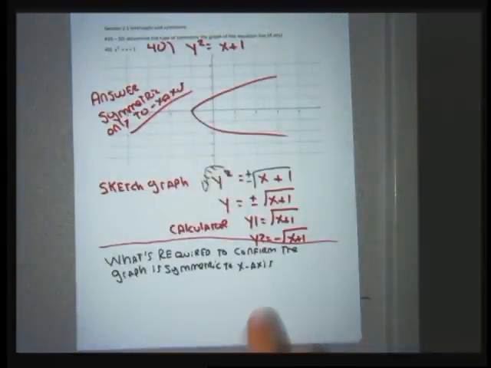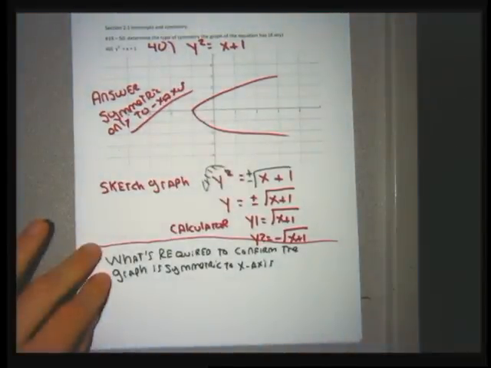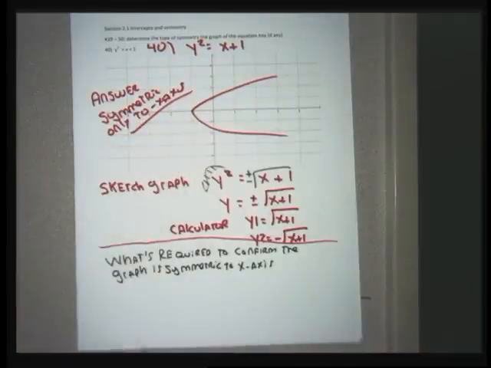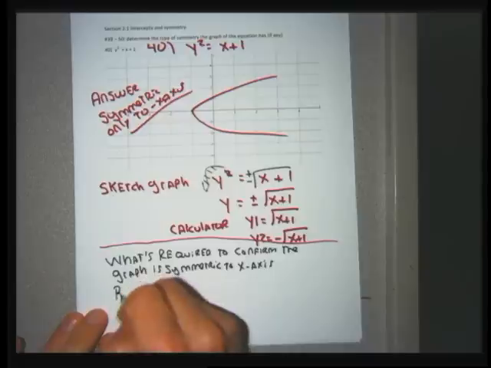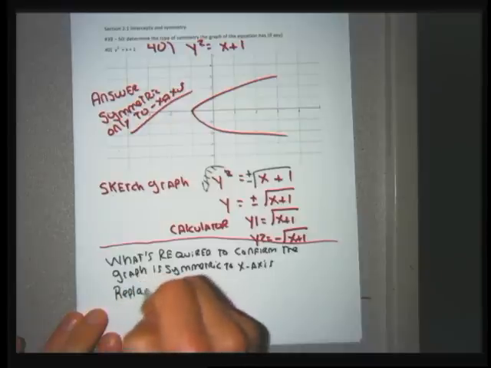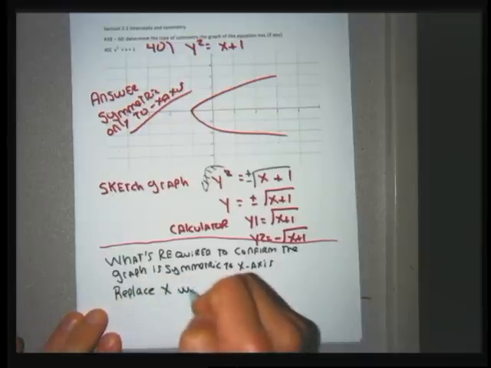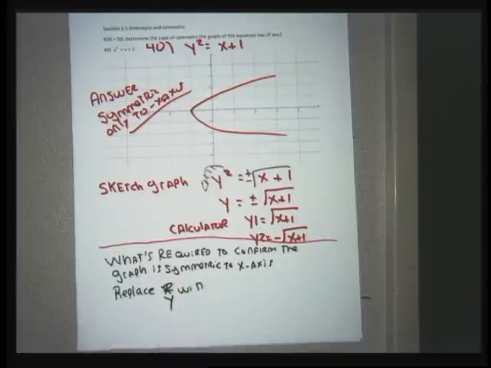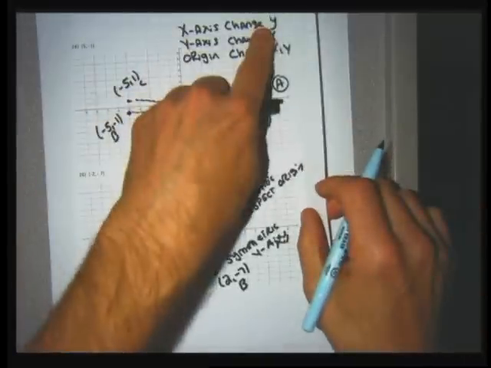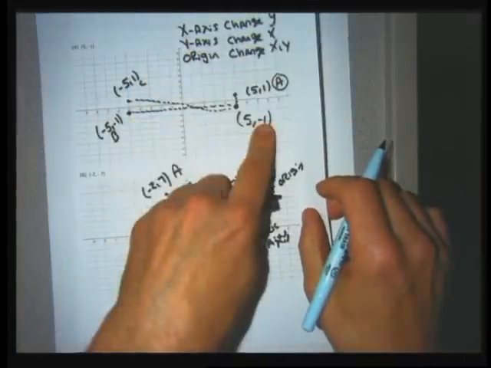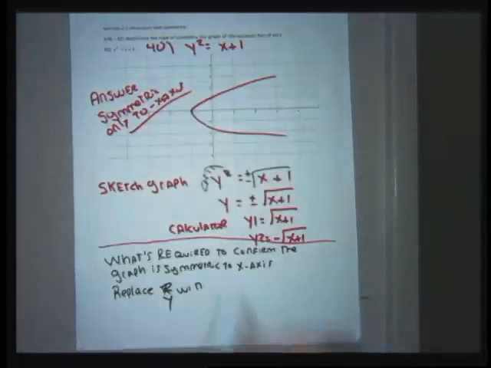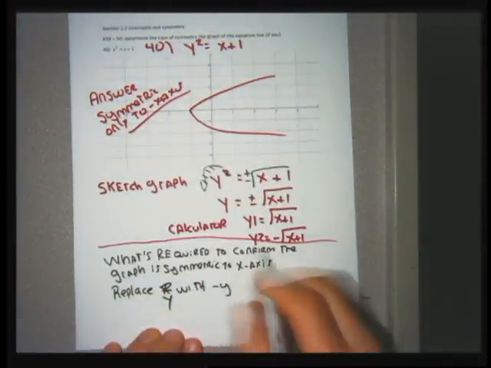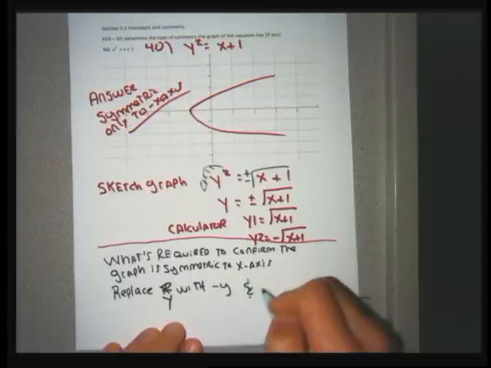So the algebra that's required to show that this is not an optical illusion, this is really symmetric to the x-axis, is I need to replace the y. I'm supposed to change the y, because when I'm doing symmetry to the x-axis, I change the y. And what did I change the y to? I changed the sign of the y. So I'm going to replace the y with a negative y and simplify.